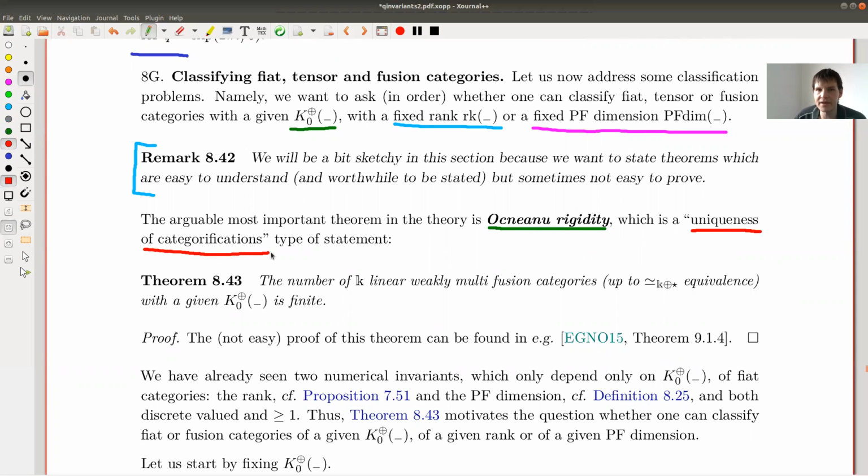And it says the following: if you have fixed your Grothendieck ring, then the number of the corresponding fusion categories is finite.